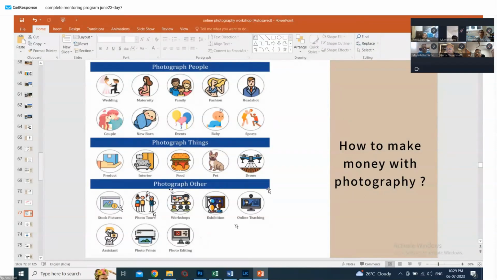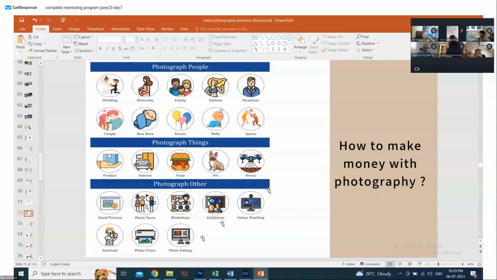Photo tours. You conduct photo tours, right? You conduct workshops, physical or online, if you are good at teaching. Exhibitions: you print good quality pictures, frame them, put them on exhibition, invite friends, family, audience, and people would be ready to buy quality stuff.